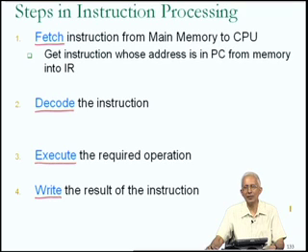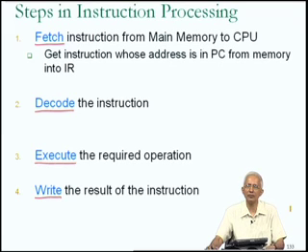Therefore, the way to look at the first step of instruction execution is that the processor sends the value inside the program counter to the main memory. The main memory, on receiving that information, looks up in its memory and returns the instruction at that particular memory location to the processor. The processor then takes the instruction that it got from memory and puts it into the instruction register.